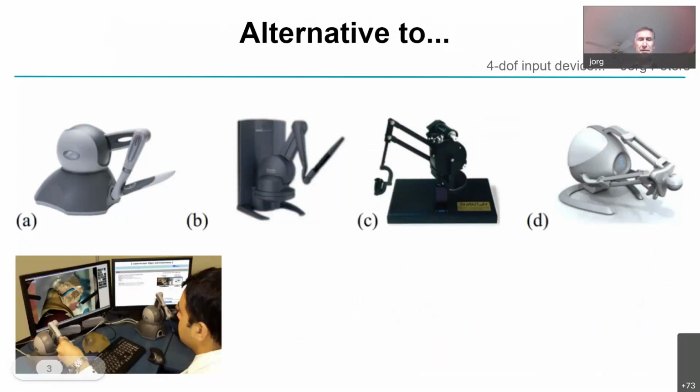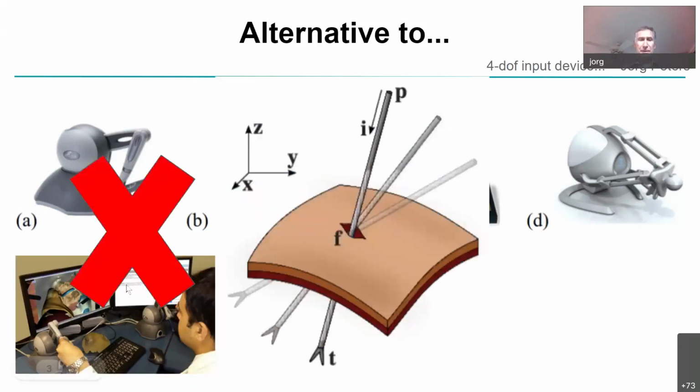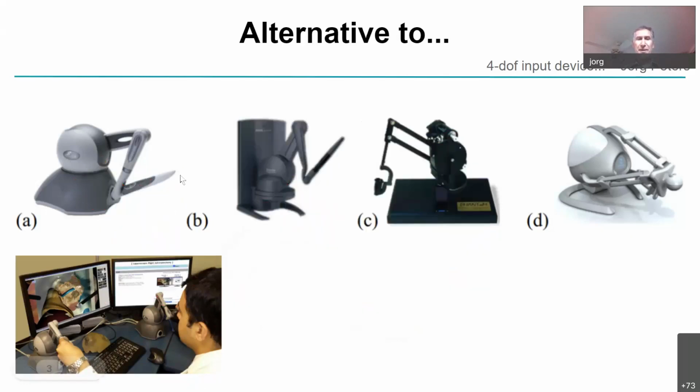We see one here from almost 10 years ago. This has 6 degrees of freedom around, up and down, and so forth. And you can also tilt the pen here, and similarly here you can tilt that.